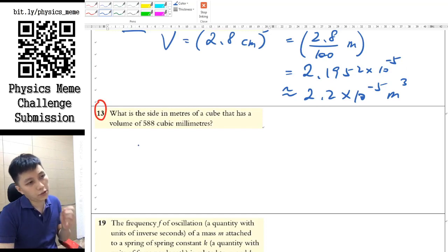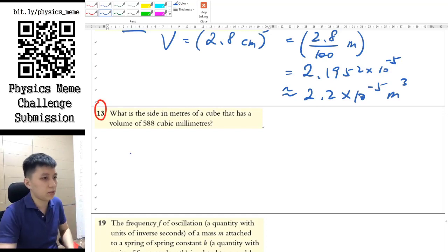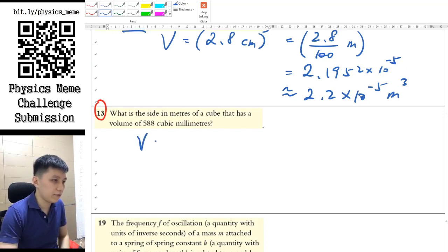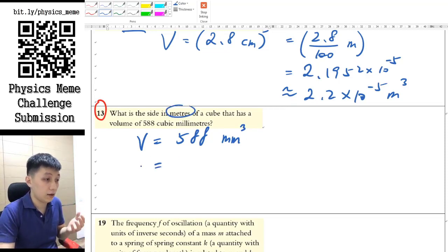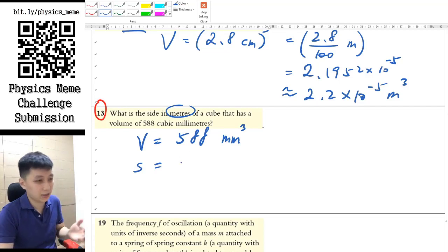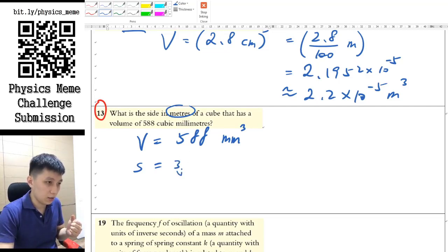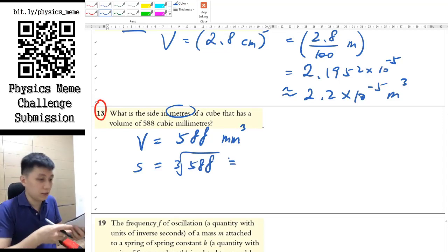Alright, so the next question is just the opposite. It tells you that the volume is 588 millimeter cube, and asks you about the size in meter. So first of all you just have to find the size. Let's call it S. Then that will be the cube root of this, in millimeter, but we can still do this part first.